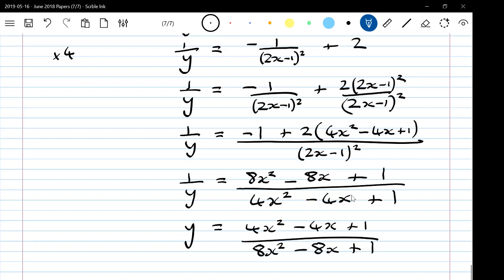And it does match up because remember it said ax squared minus ax plus 1 over bx squared minus bx plus 1. So a is 4 and b is 8, although you didn't have to state those. That's all right to have it in that form. That page was a bit of a killer, wasn't it? So that was quite hard. There we go.